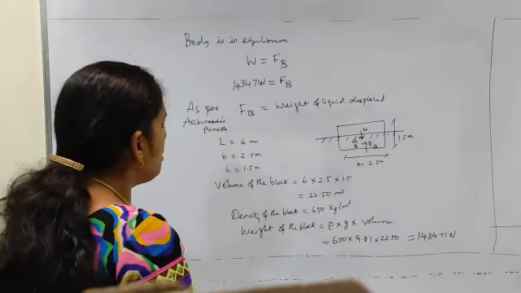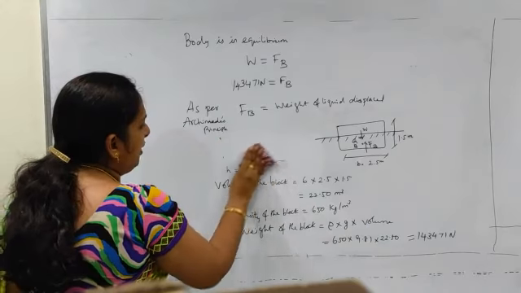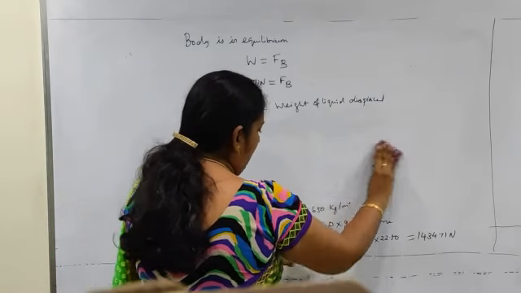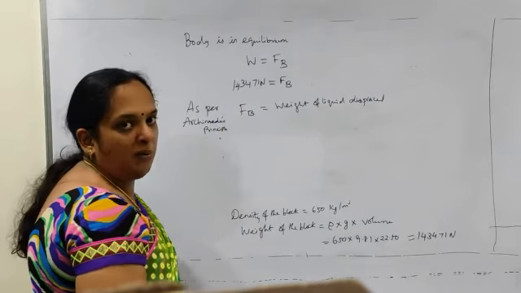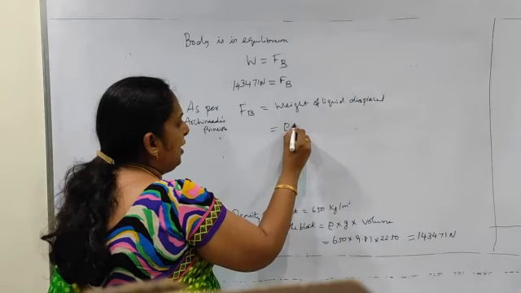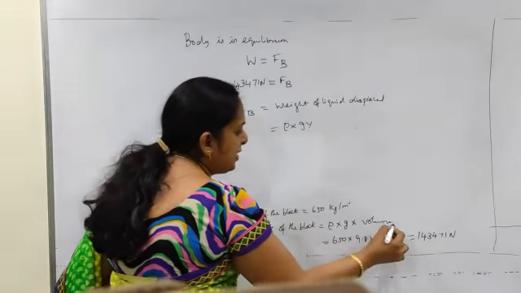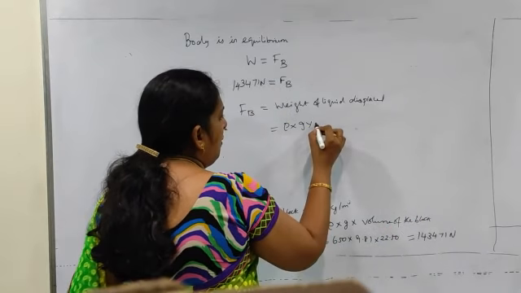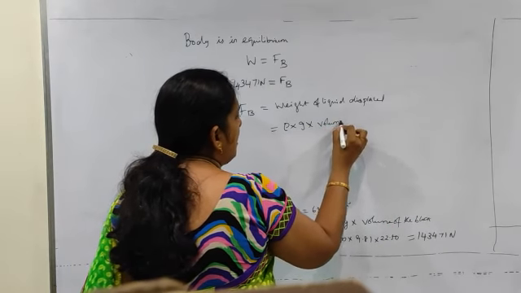So I am going to find the weight of the water displaced. Weight is rho into G into the volume of water that is being displaced. This is the volume of the wooden block, and this is the volume of the water that is displaced.